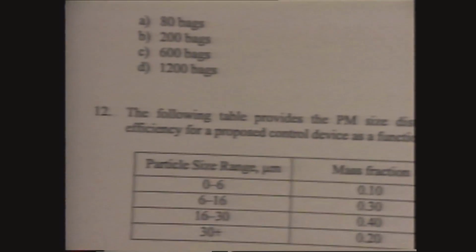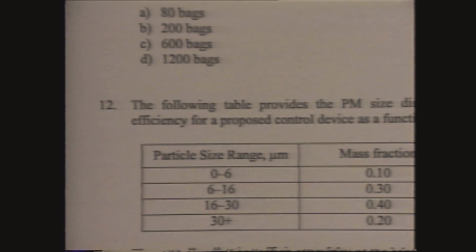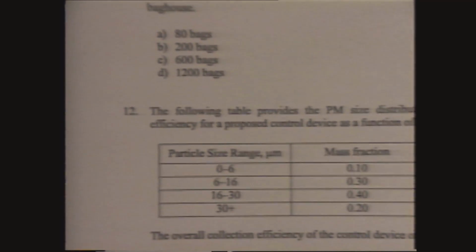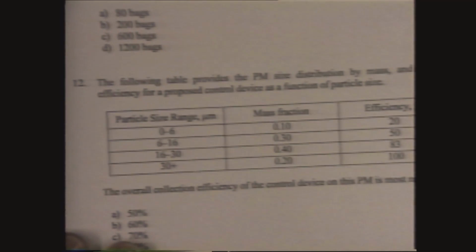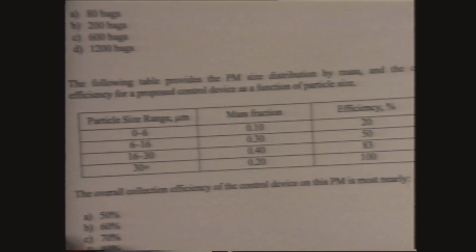Okay. Problem 12. A particulate matter size distribution by mass and corresponding collection efficiencies for the same size range for a proposed control device is given in the following table.